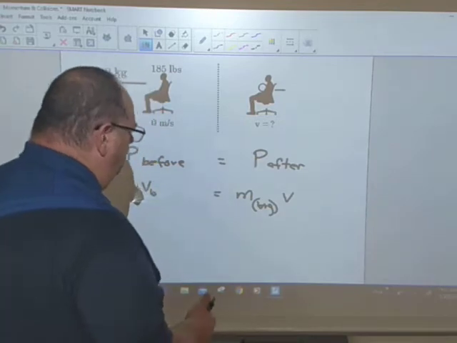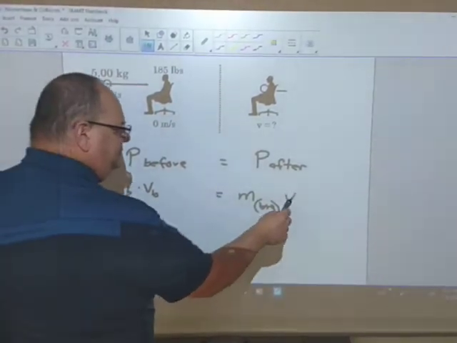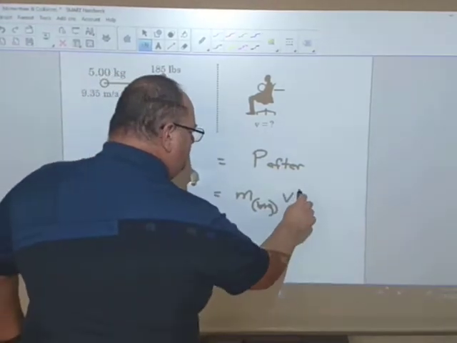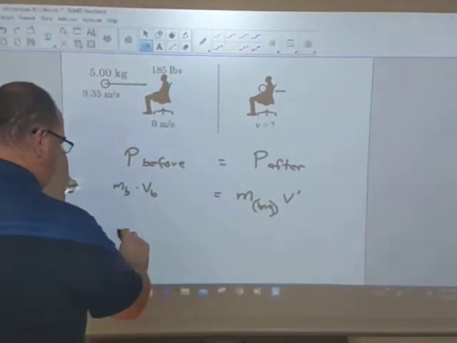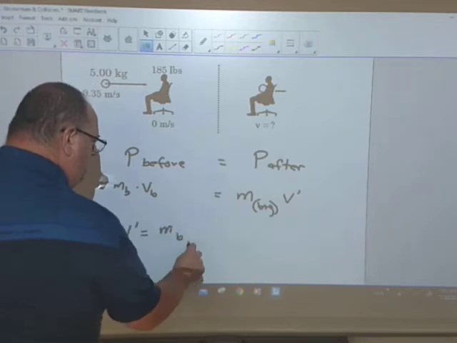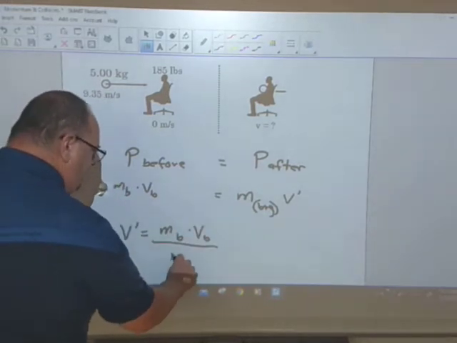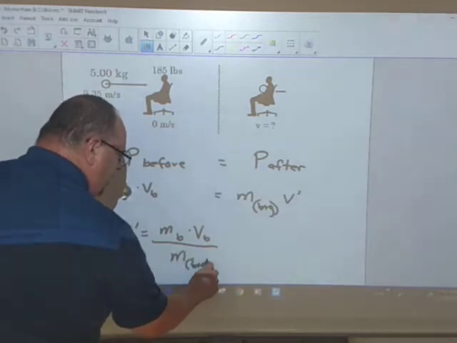Okay? So to do my math, I'm looking for this velocity. I just call it V prime to say that that's our new velocity. So V prime is going to be the mass of the ball times the velocity of the ball divided by the mass of the ball plus the guy.